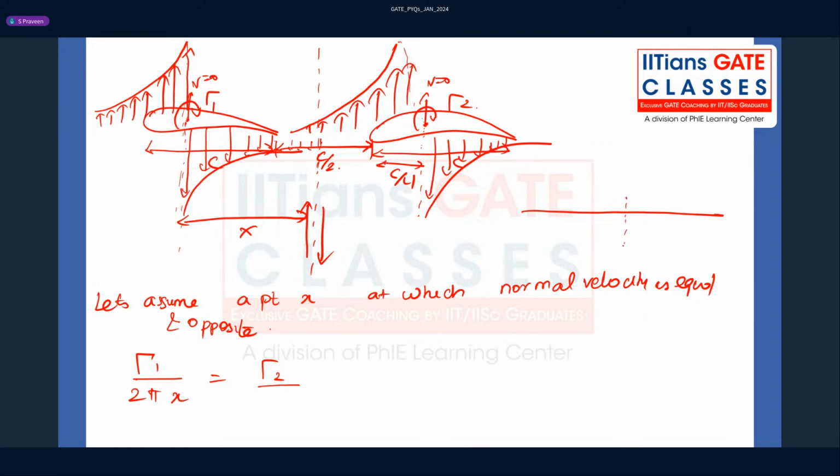Let's assume this is the point somewhere, so this is c by 4. This is 3c by 4. And let me just redraw it again. So let's mark circulations, gamma 1, gamma 2.